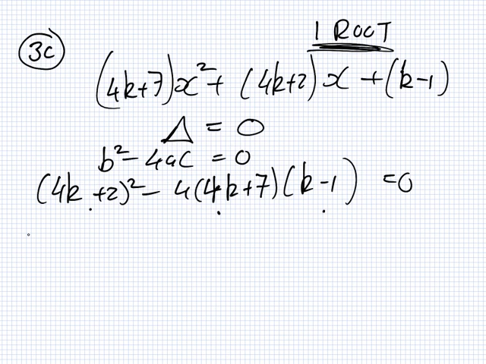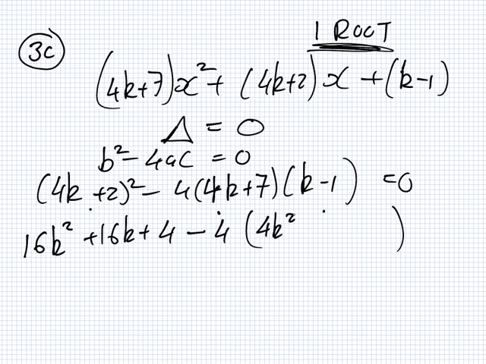Expanding again, 16k squared plus 16k plus 4, minus 4. And when I multiply these two together, I'll get 4k squared plus 3k minus 7 equals 0.